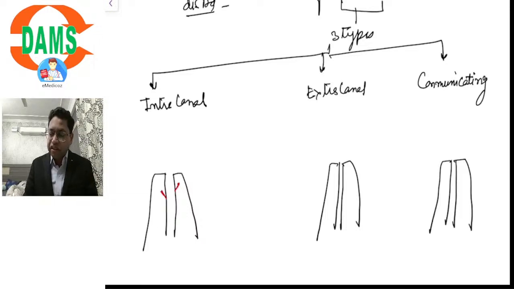Extracanal fractures start from the external tooth surface and tend to go inward. Communicating fractures means through and through fractures. These are the three categories of fractures that can happen in the resected root end whenever we are attempting to prepare a cavity with ultrasonics.